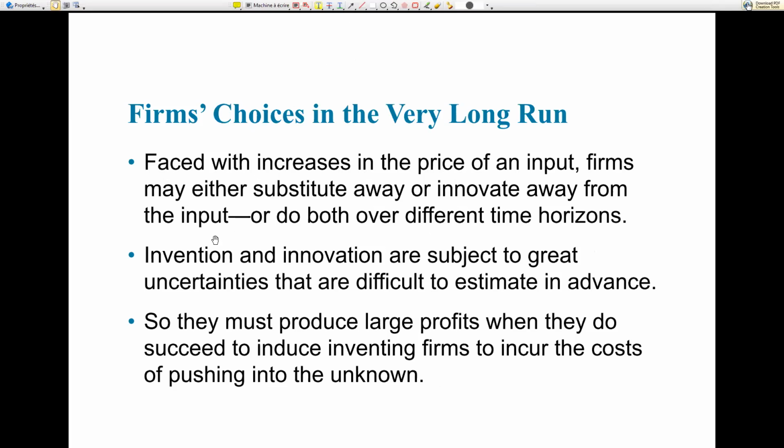A good example I would say is oil. Oil was cheap.